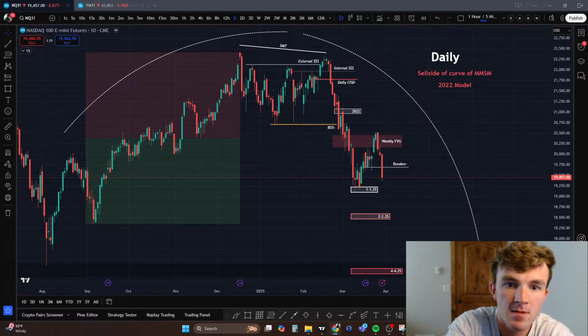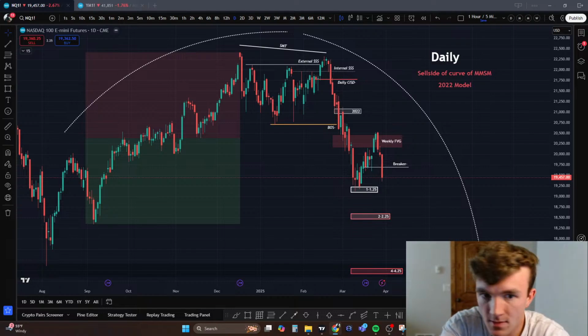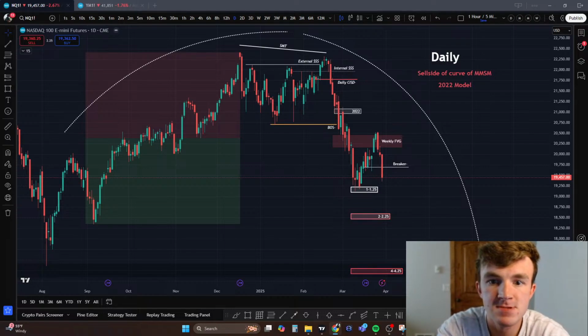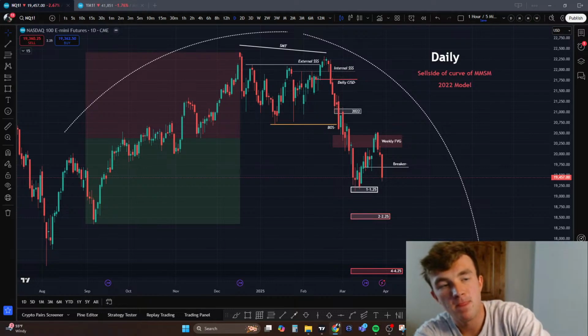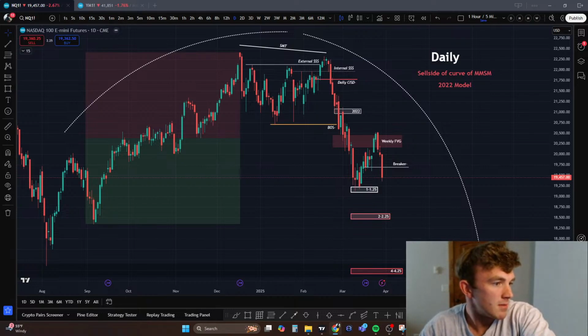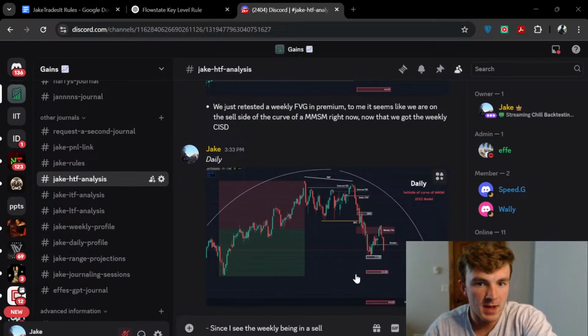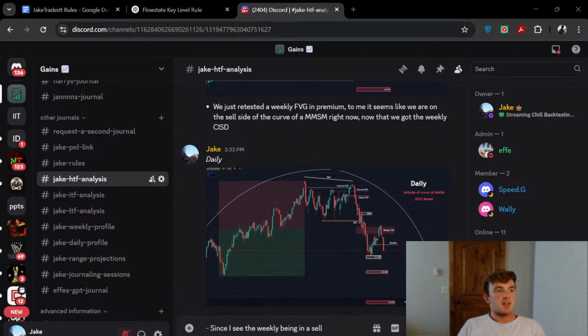Daily. I'm going to show what I'm typing. Since I see the weekly being in a sell model, I could see the daily, us being on the sell side of the curve of the daily.